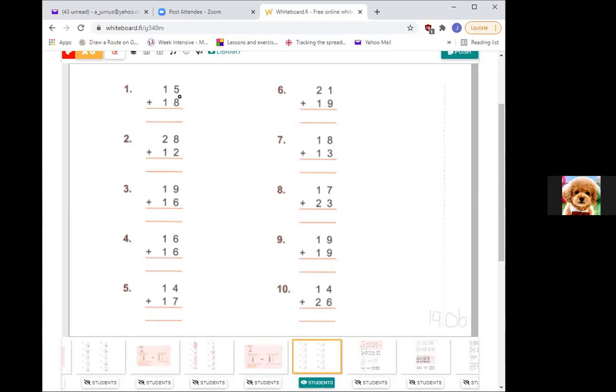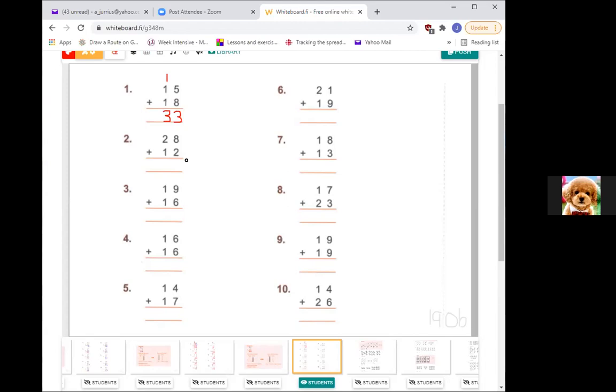What's in the ones column? 5 and 8. What's 5 plus 8? 13. That's right. So I write down what? 3 and carry 1. Good. Continue. 1 plus 1 plus 1 equals 3. That's right. So what's your final answer? 33. Well done. Very nice.